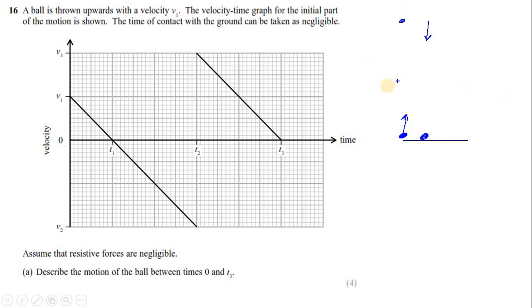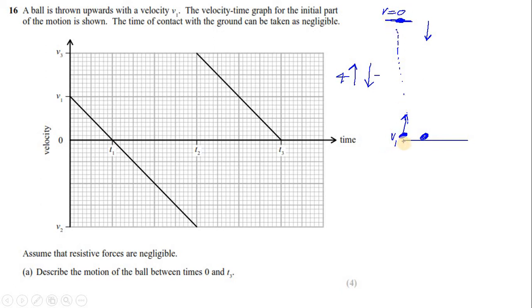So what I am doing is I am considering the upward direction positive. I will write here upward direction positive, and if the ball is falling down, I will consider it as negative. When we give some initial velocity v1 here, using this initial velocity, the ball starts moving upward in the positive direction, but velocity will be decreasing at every point, and as soon as the ball reaches the height here, the velocity will be zero.